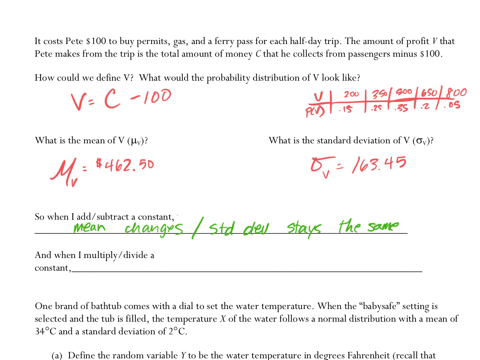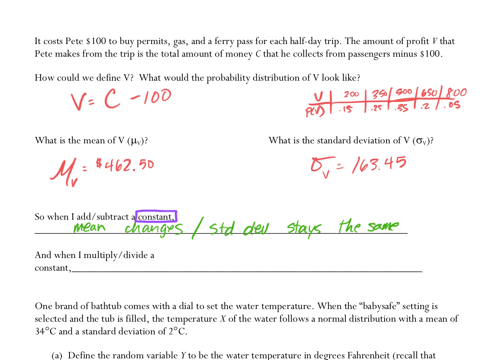And the one thing I want to really emphasize is that this happens when what we're doing is adding or subtracting a constant. So what I subtracted was $100 from each possible value. It was always $100 that I subtracted. You guys see what I'm saying? It wasn't a variable, it was a constant.